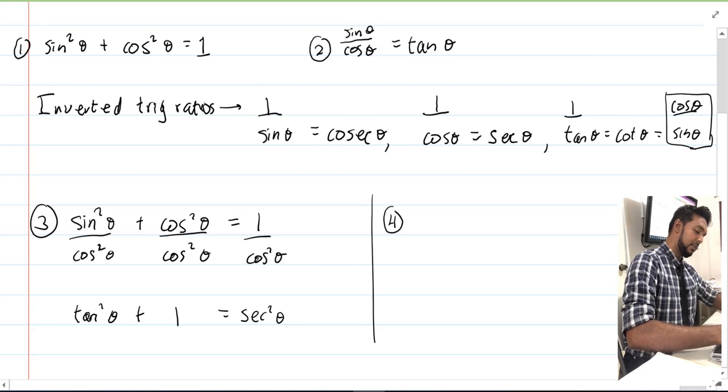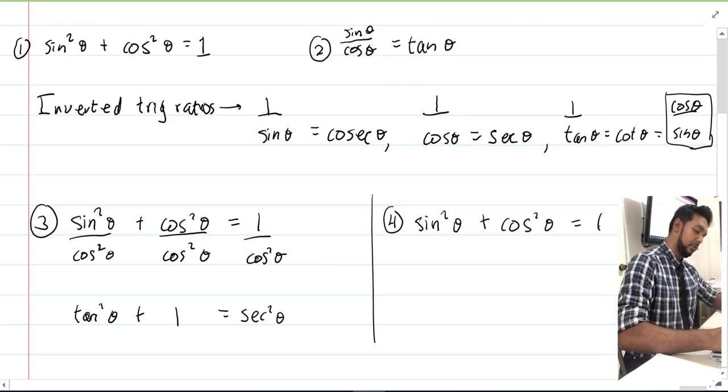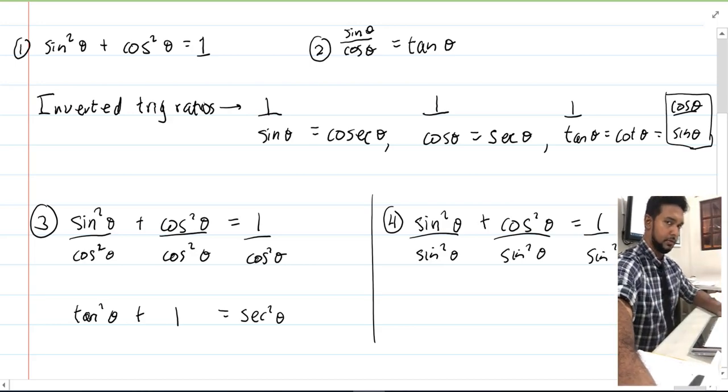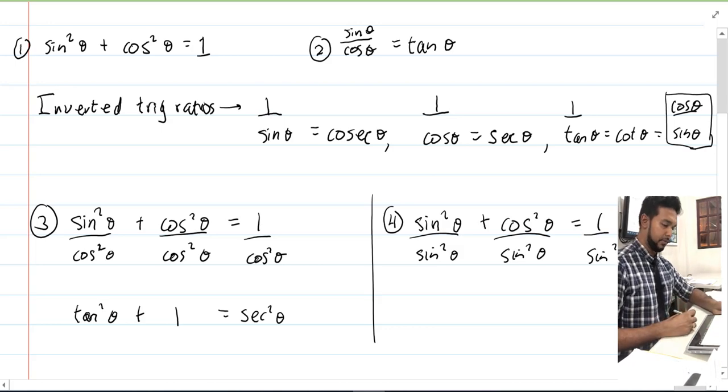Alternatively, if instead of dividing everything by cos squared, we divide it by sine squared, let's see what would happen there. So we have sine squared theta plus cos squared theta equal to 1, and everything is being divided by sine squared theta. Sorry, I need to put this way. That might be a little more helpful.